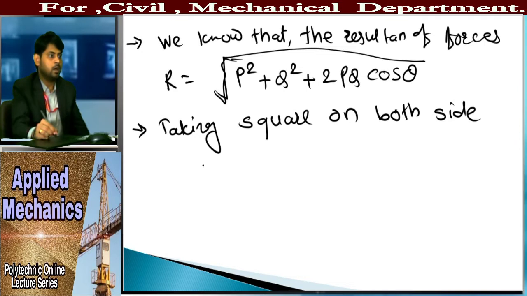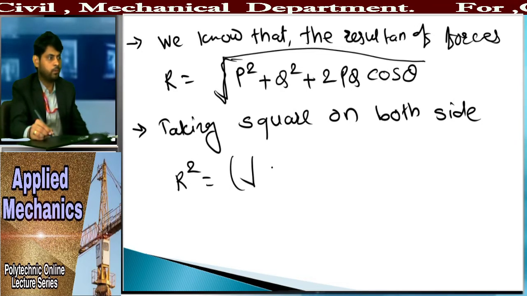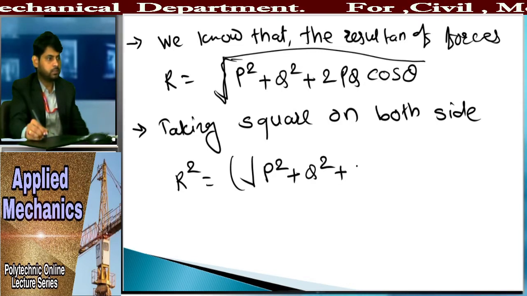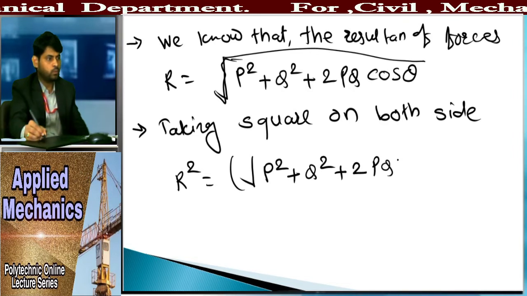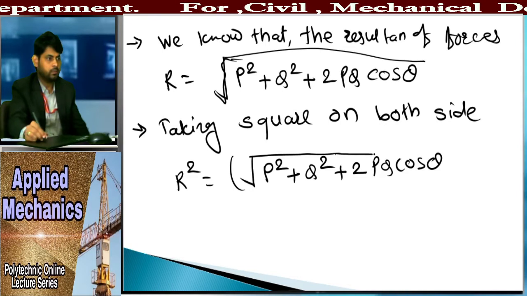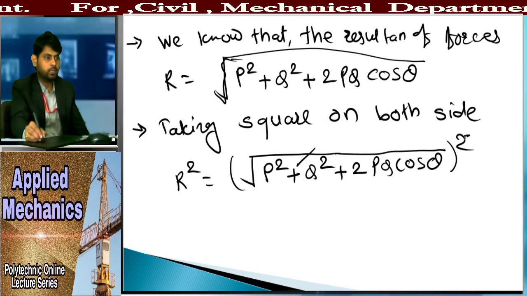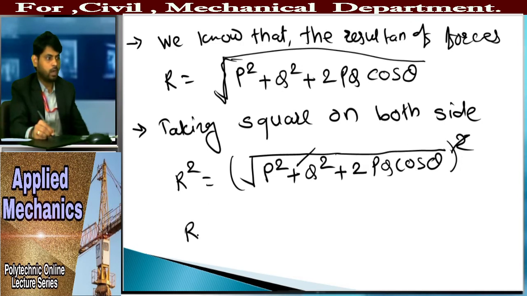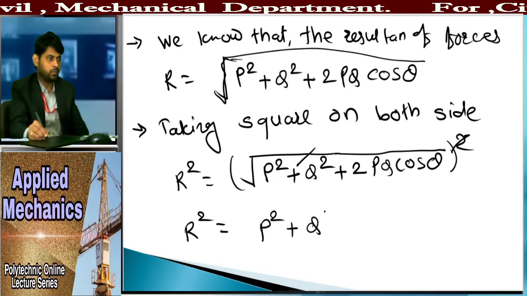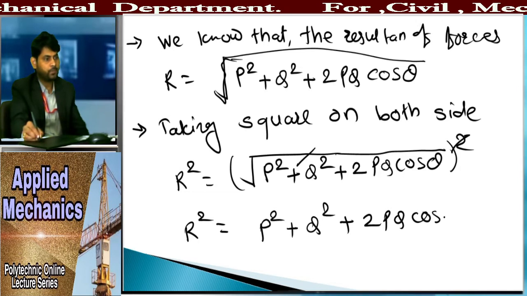So here R square is equal to under root of P square plus Q square plus 2PQ cos theta, whole square. Here this square will cancel. So here R square is equal to P square plus Q square plus 2PQ cos of theta.